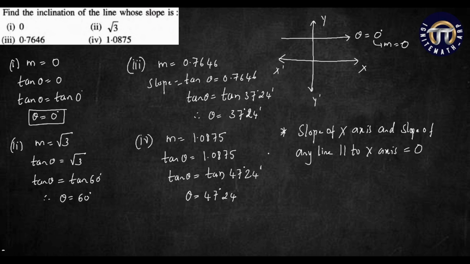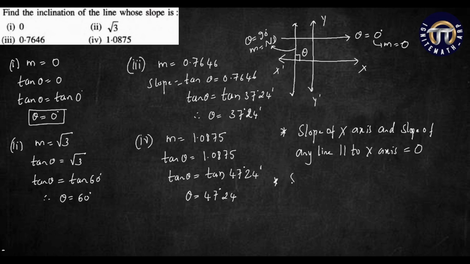Very important, children. And the second one is if a line is passing perpendicular to the x-axis, means parallel to the y-axis, and it is making an angle of 90 degree. That is the inclination of this line. So for this line, theta is equal to 90 degree, then slope will be not defined or infinity.